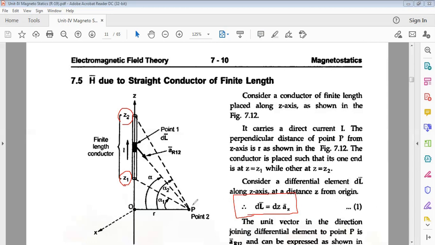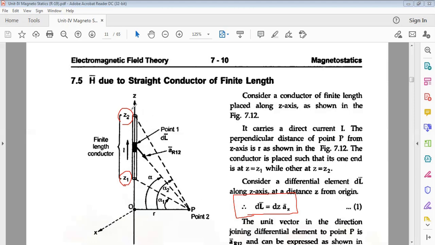To find the field at P, there are two components: one is z into az bar, in the downward direction, and the other is r into ar bar. That is the same as for the infinite length. Now it is a finite length.